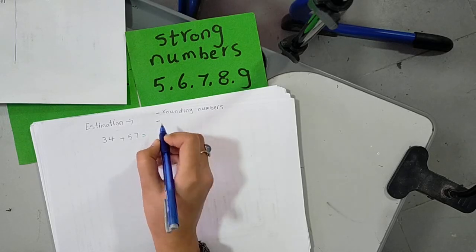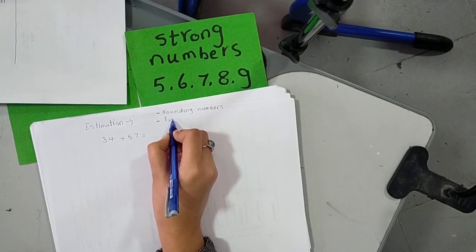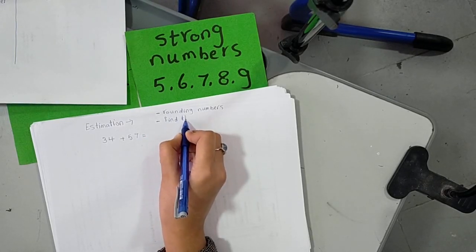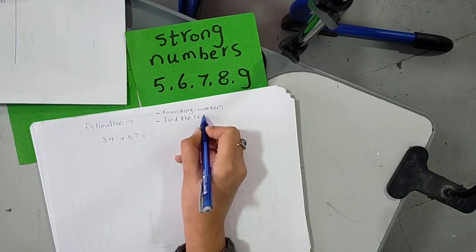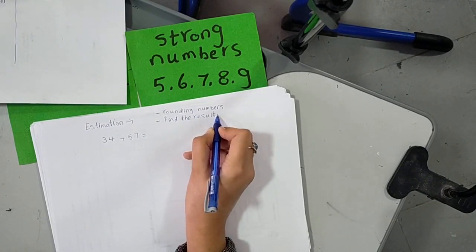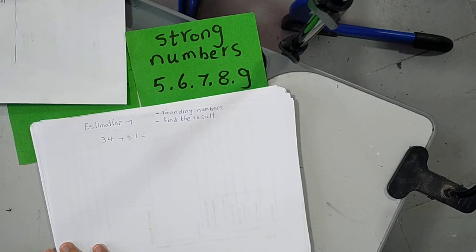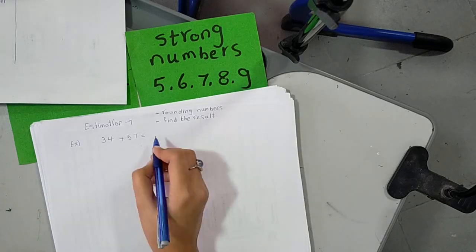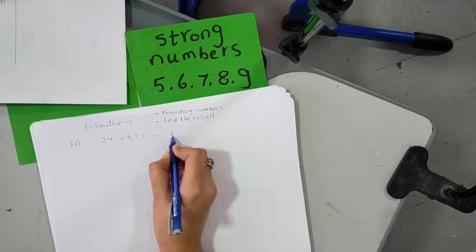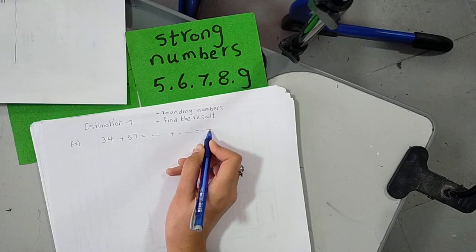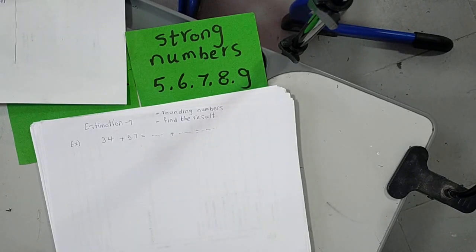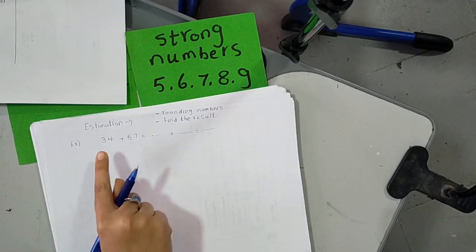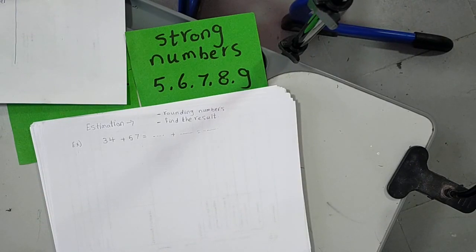And the second step, find your result. Okay. For example, if I have 34 plus 57, my first step is rounding the numbers. I have here two numbers to round, 34 and 57.